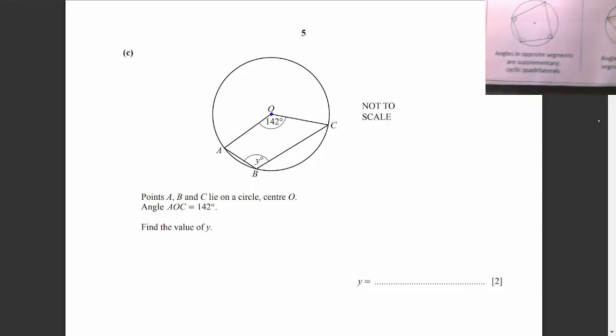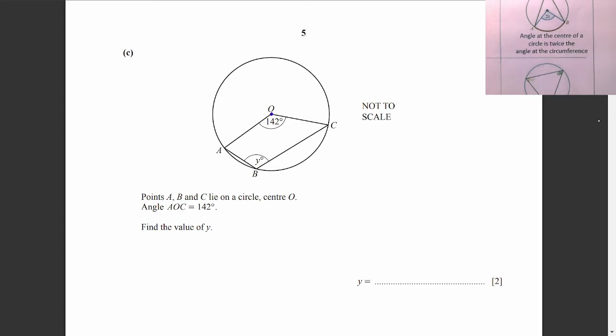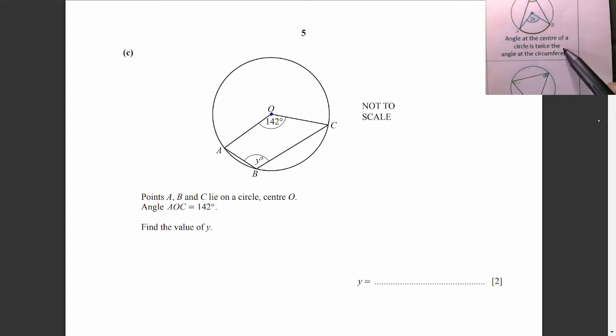But what we can use, even though it doesn't look like it, is the angle at the center of a circle is twice the angle at the circumference. Meaning this angle here, the reflex OAC angle, is twice the angle on circumference ABC. So we need to start, first of all, working out the reflex angles.